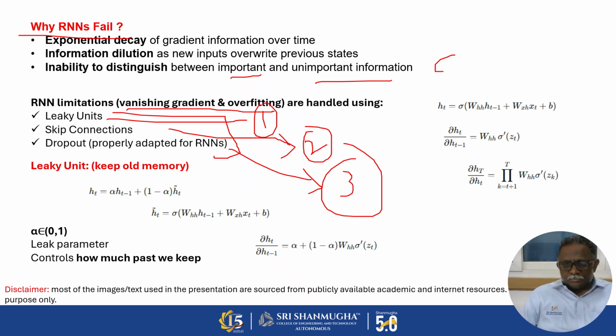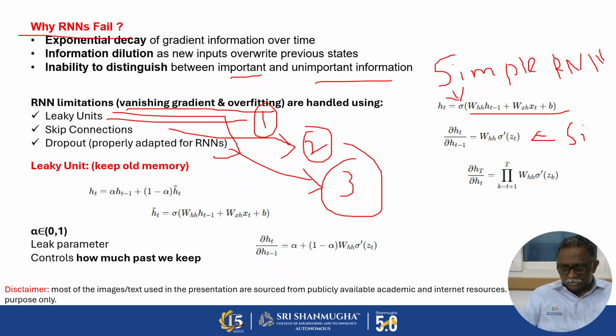So this is the expression for the simple RNN. This is basically your linear combination of vectors. This is the activation function that we use here. This is the hidden state at time t, and this is for the single time step.